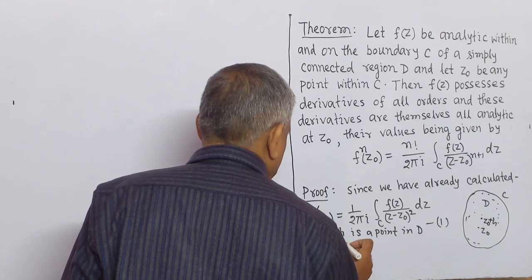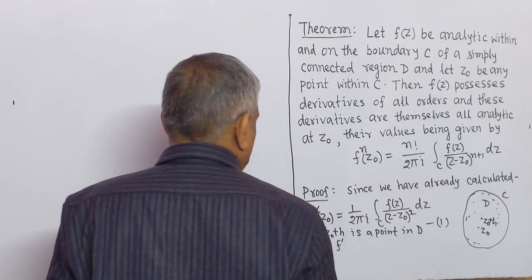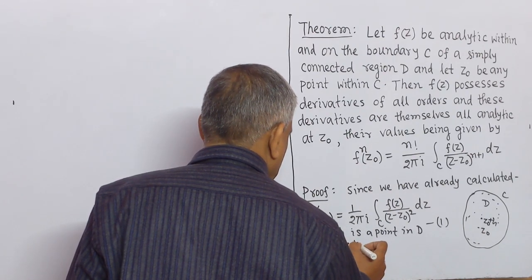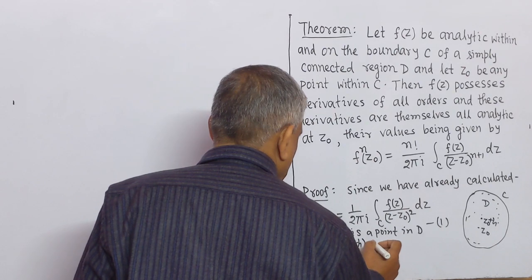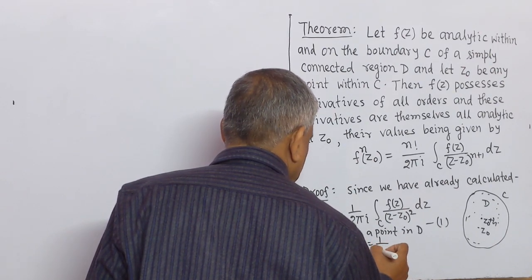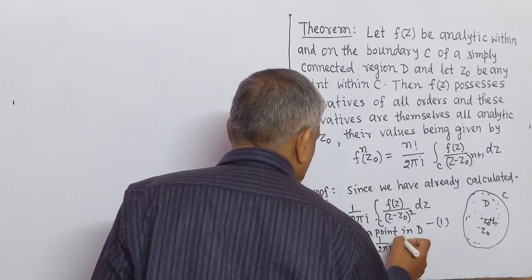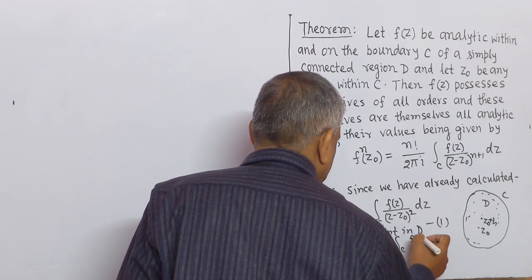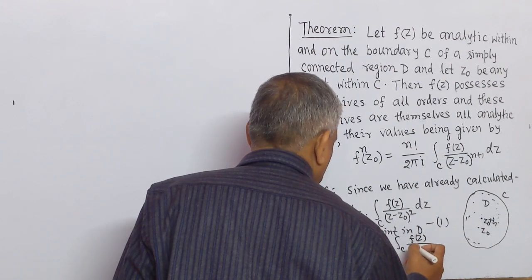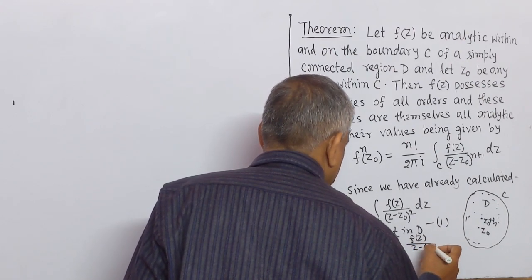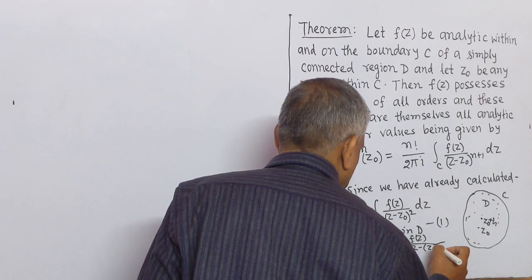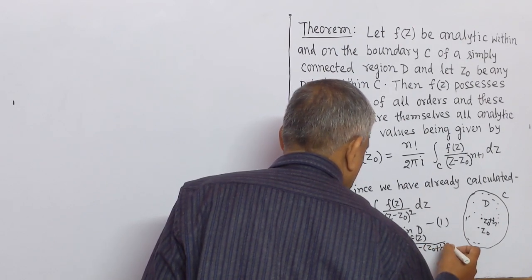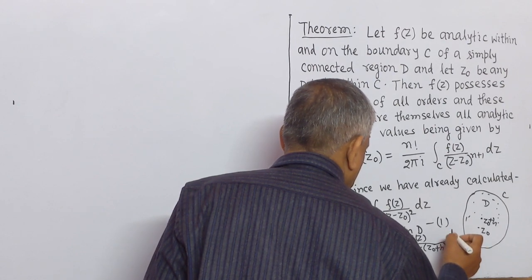Then the derivative of f(z) at the point z naught plus h equals 1 by 2 pi i, integration along C, f(z) by (z minus z naught plus h) whole square dz.